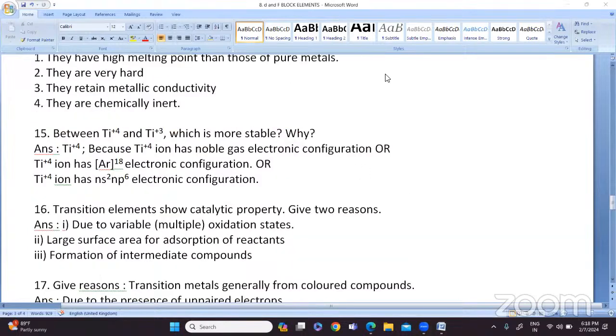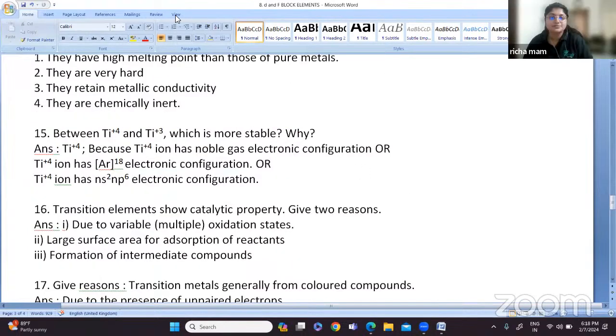Catalytic property means it helps in changing the rate of reaction, by taking a different path, and it requires very little energy to activate. So this is the role of a catalytic property.